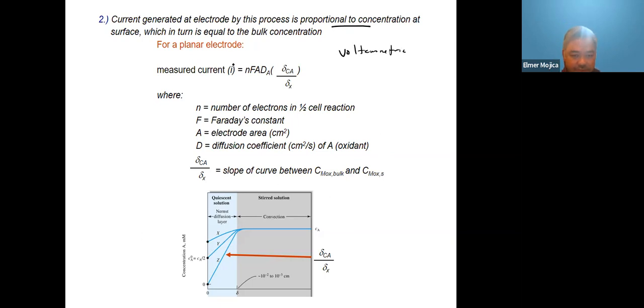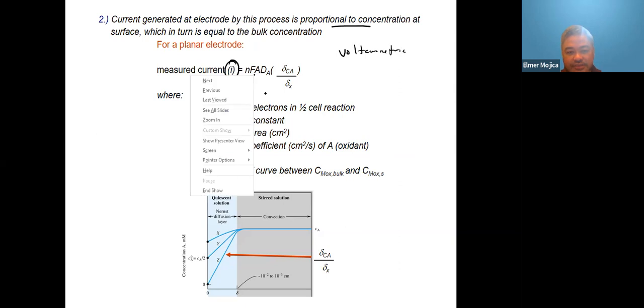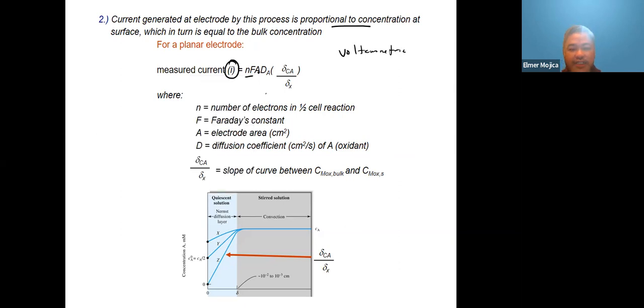So ito yung current equals the number of electrons in the half cell reaction times the Faraday constant, times the electrode area, times the diffusion coefficient of A, which is the oxidant, multiplied by the slope of the curve between the concentration of the oxidized form in the bulk solution and the concentration of the metal in oxidized form at your surface.